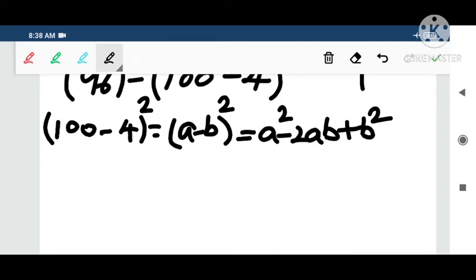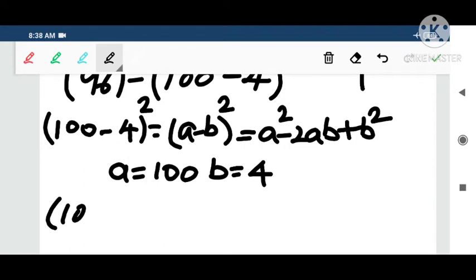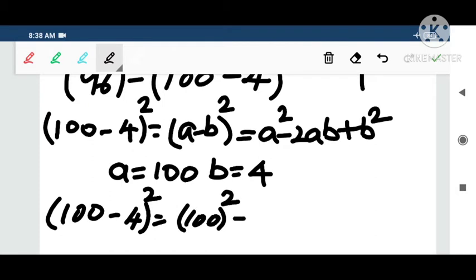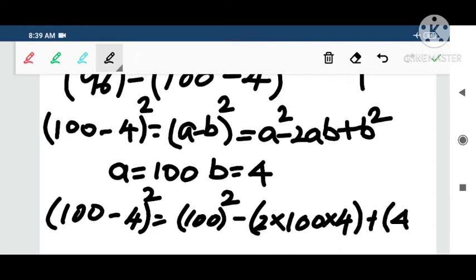So directly you take a equal to 100, b equal to 4 and apply the values like this: (100 minus 4) whole square is equal to a square, that is 100 square, minus 2 into a, that is 100, into b, that is 4, plus b square, that is 4 square.